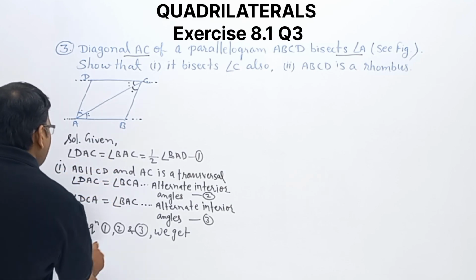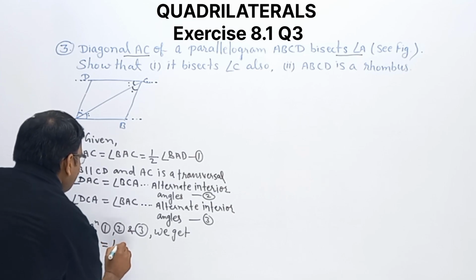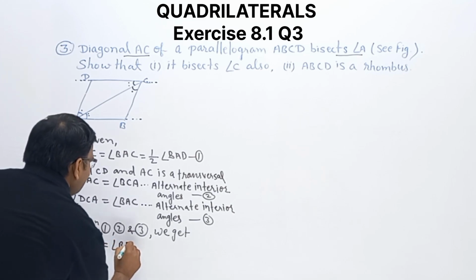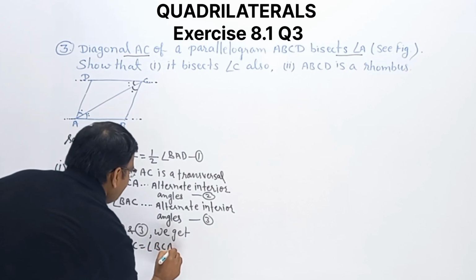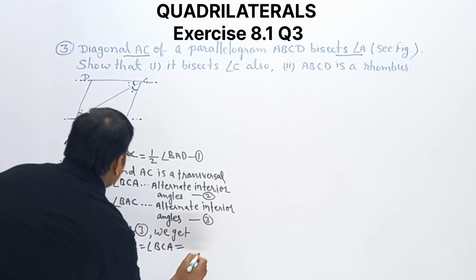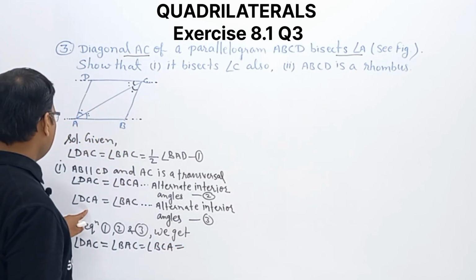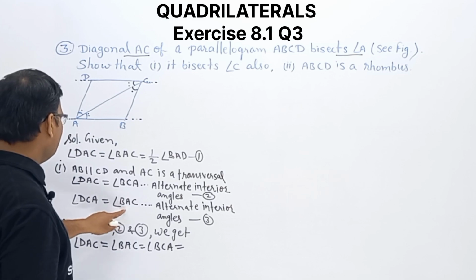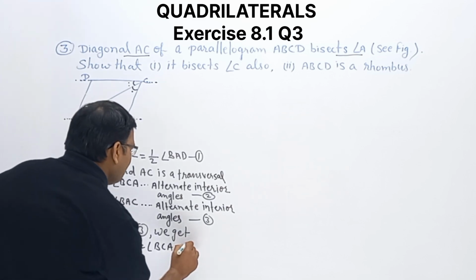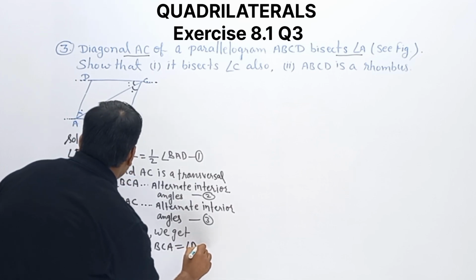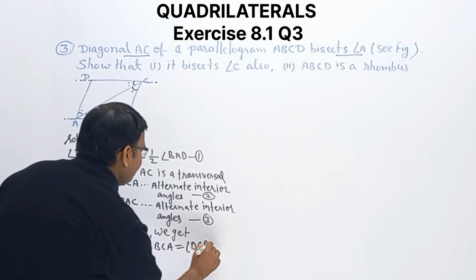So we can say angle DAC equal to angle BAC equal to angle BCA, and BAC is also equal to angle DCA.